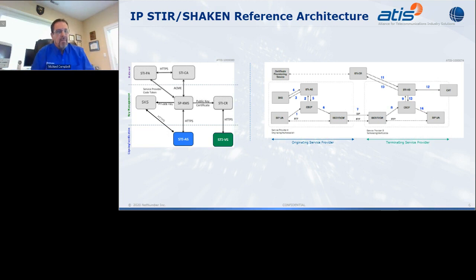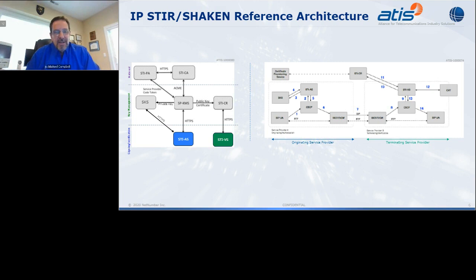Now, it's a lot more controlled than what I've just described. The originating network attests to what it knows about the caller ID, and then it signs that with a cryptographic signature, which is itself secured by a certificate that has been generated at the national level at the top of this chart. We'll get back to that in a minute. The terminating network, when it receives a signature on a call, first of all checks that the originating carrier had a valid certificate.